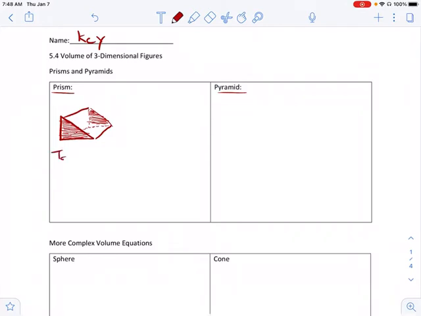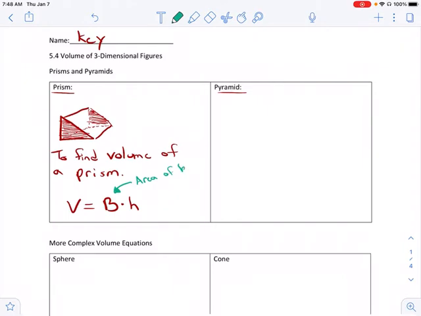So to find the volume of a prism, the volume of a prism is the base times the height. The important part about this base is that it is the area of one of the bases.